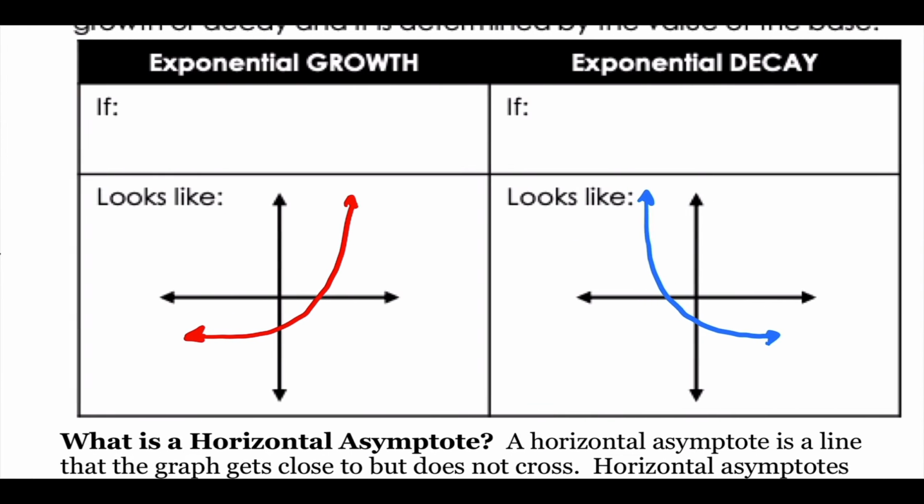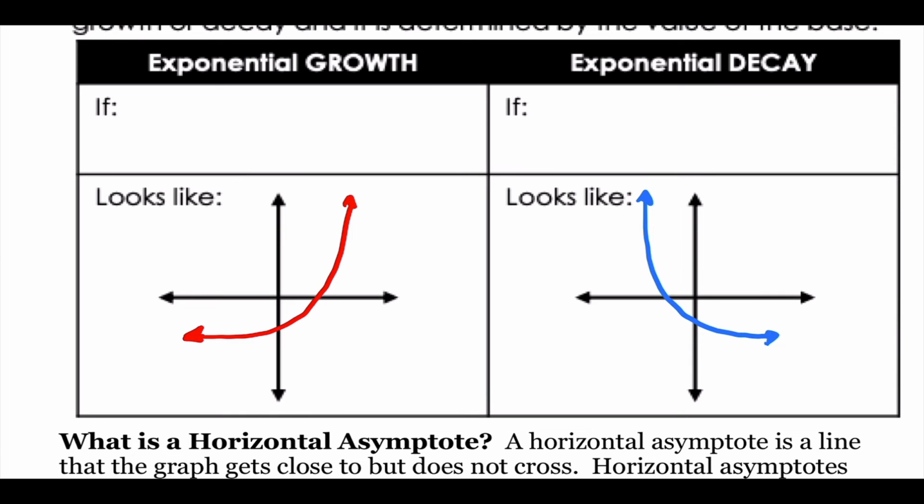Okay? That's how you tell with a graph. Now, what if they don't give you a graph? This is how you tell. You're going to look at B. If B is bigger than 1, it's always going to be growth. It's growing. It's going to look like the red one. If B is smaller than 1, it's going to be going down.